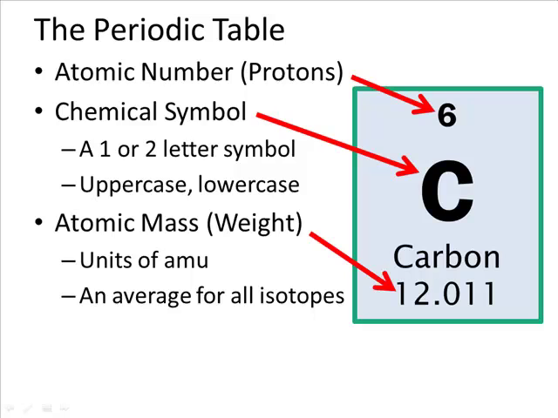If you look around your periodic table, you'll notice many of the atomic weights are very close to a whole number. Sometimes they're numbers like 17.99 or 18.01. That's because usually one isotope is much more common.